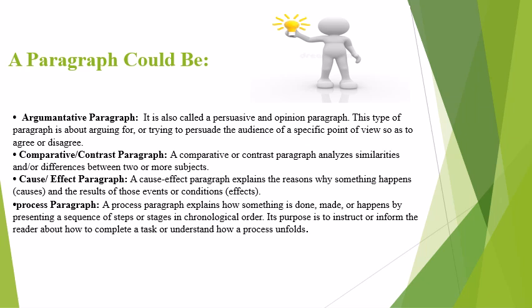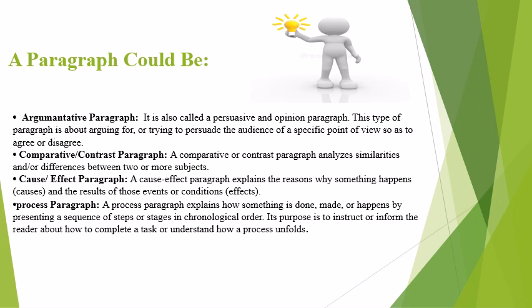Comparative and contrast paragraph is a type of writing in which you will analyze the similarities and or differences between two or more subjects. In the third type of paragraph, which is the cause and effect paragraph, you will explain the reasons why something happens, in which you will list causes and the results of those events or conditions, which are the effects.